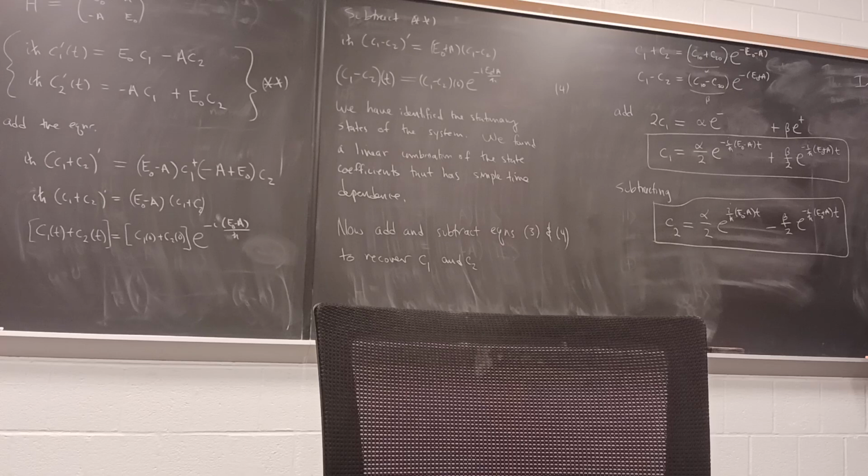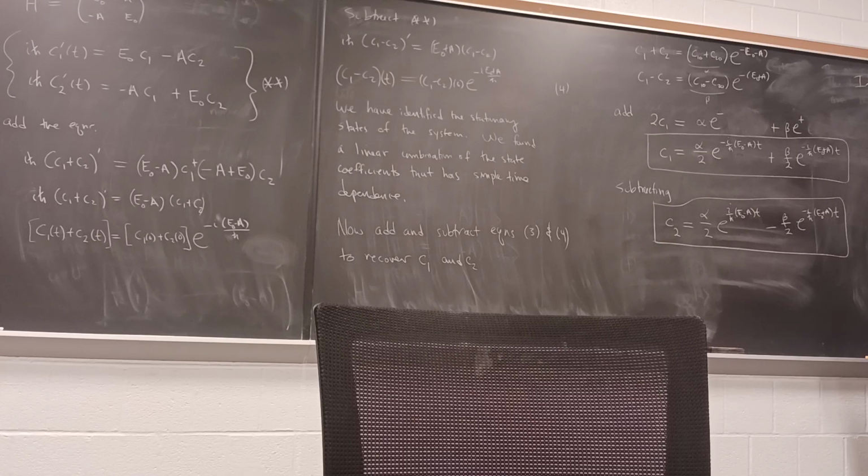Let's write this as e to the minus i over h bar E0 t times 1/2, and then I'll have e to the minus i over h bar A t plus e to the plus i over h bar A t. Right? So this is just the cosine of A t over h bar.